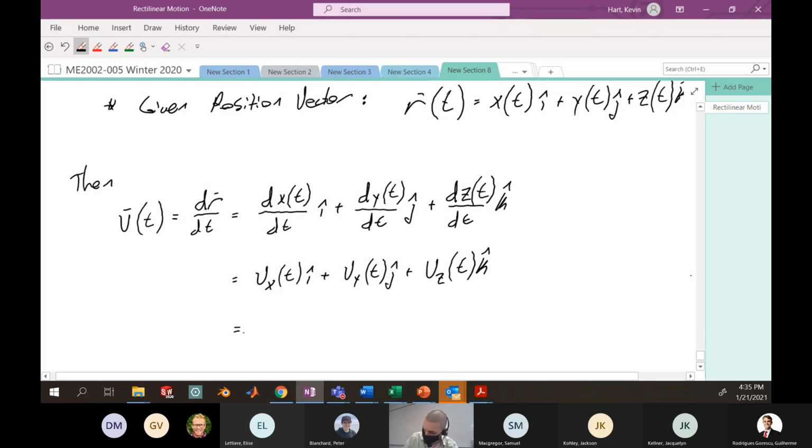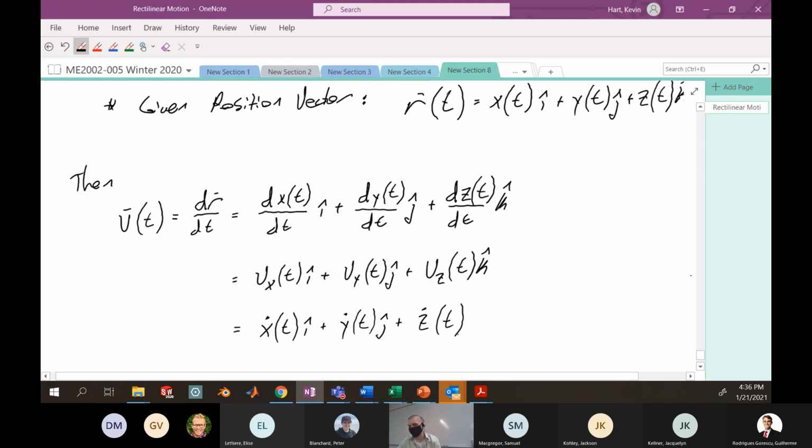Another way that this is sometimes represented, and I really hate this notation, but you see it a lot in, let's say, your dynamics of systems classes. X dot. Ugh. Y dot, Z dot.